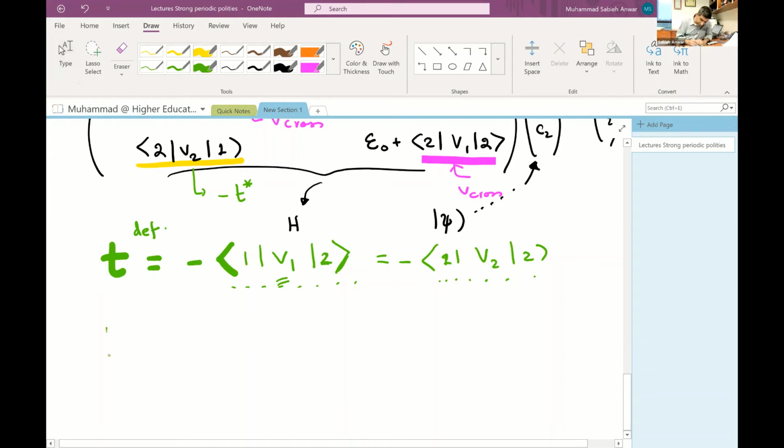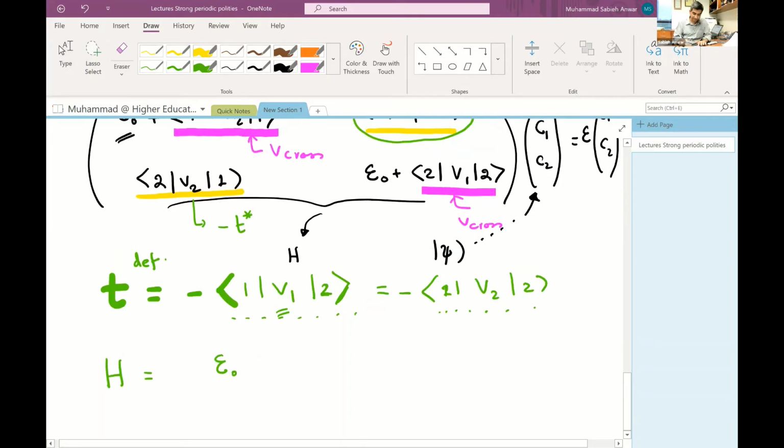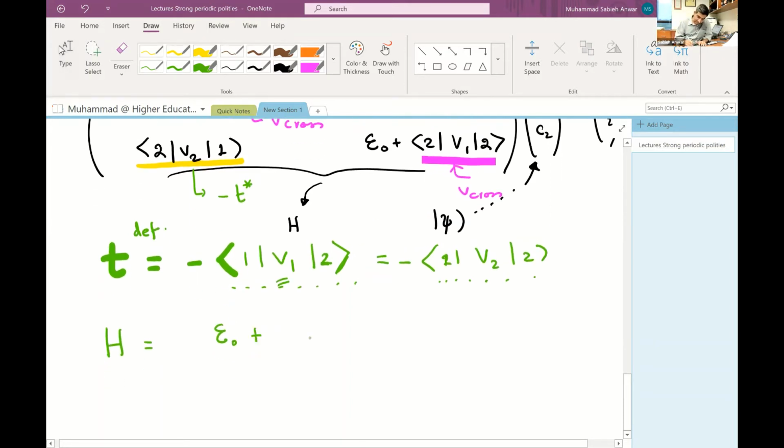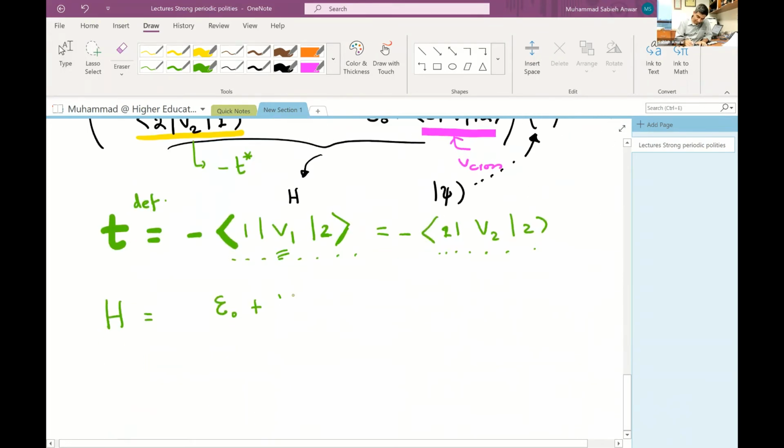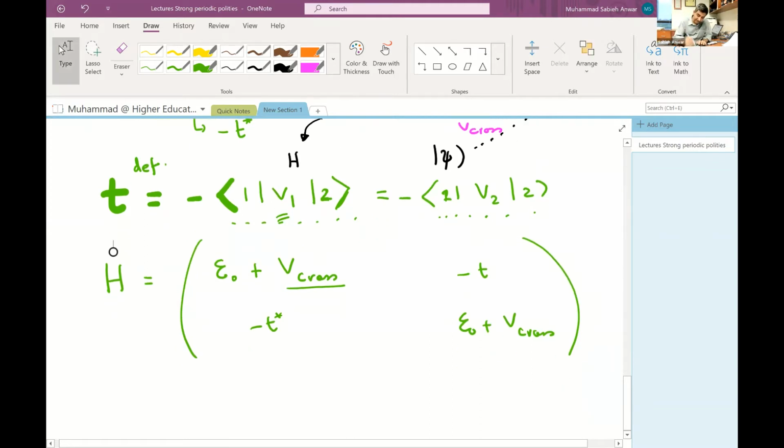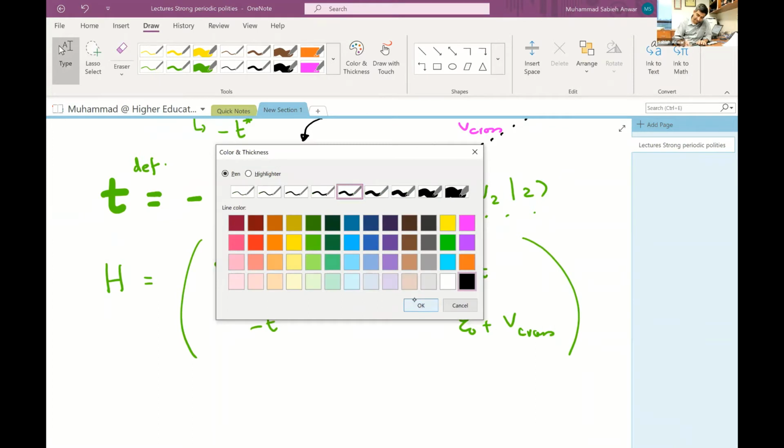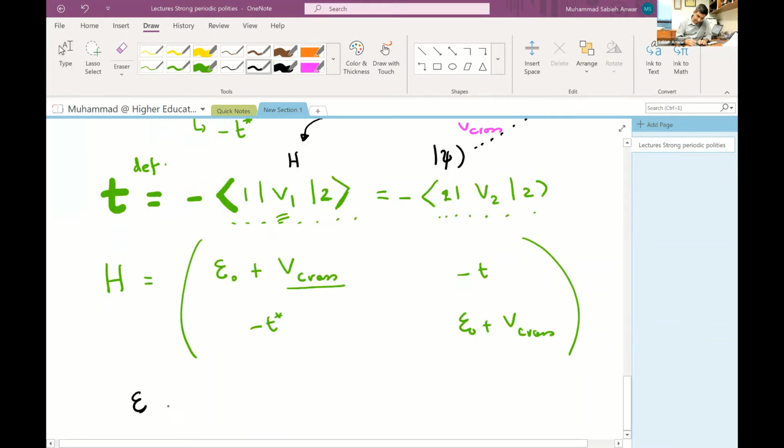So the Hamiltonian overall can be written as epsilon naught, which is the bare atomic energy, plus some V cross, which is just a shift in the energy. The same terms appear on the upper left and the lower right, and a minus T here and a minus T star here. This is my Hamiltonian. And we can now easily find out the eigen energies of this Hamiltonian. We simply need to diagonalize the Hamiltonian.